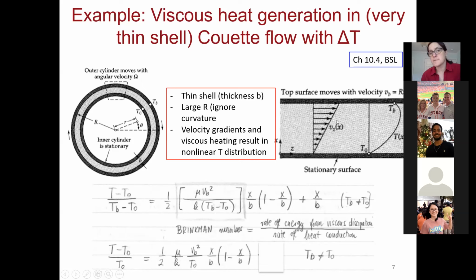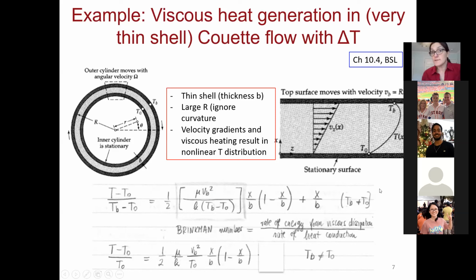I'm also further simplifying what used to be a nonlinear velocity distribution. I'm simplifying it to a linear one from 0 to omega r, which we call VB. And that's shown here as a velocity profile. The way we solve these problems is that we know what the velocity profile is from momentum transfer already, and then I use that in balancing heat transfer.